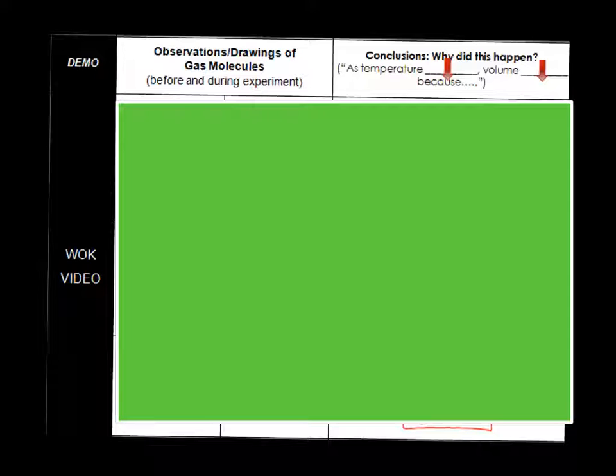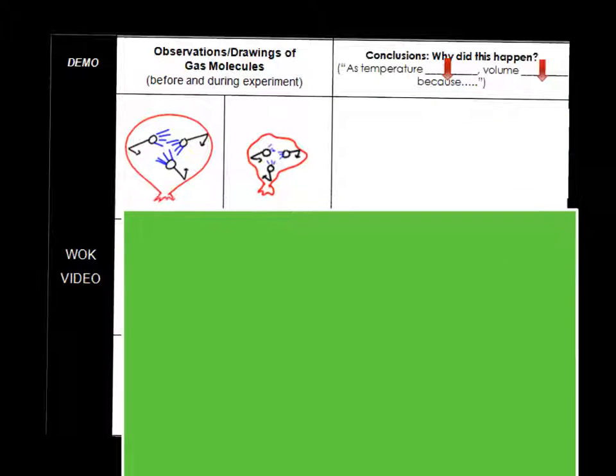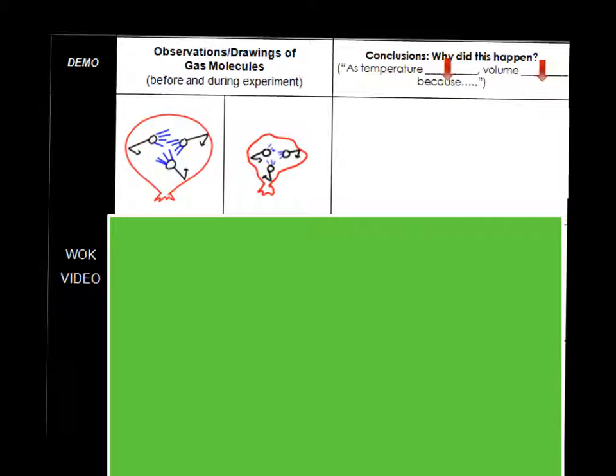Alright, so now we want to draw a picture of what happened to these balloons during the experiment. So our first picture here on the left should show our gases, or our particles inside, moving at a pretty high speed, and they're able to fill the whole size of this balloon. Now after we put them in the liquid nitrogen, they're going to start slowing down, moving much slower, so they're colliding with the outside of the balloon much less.